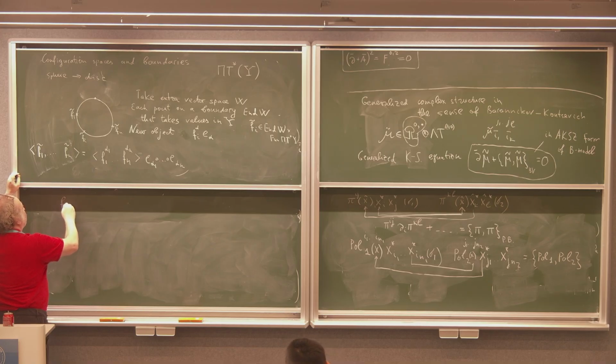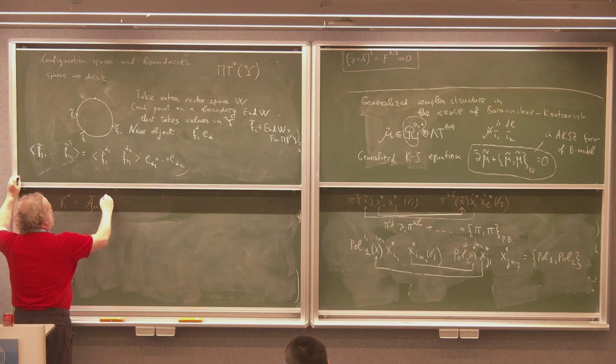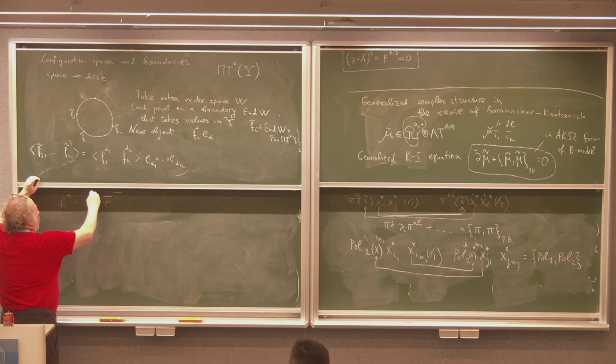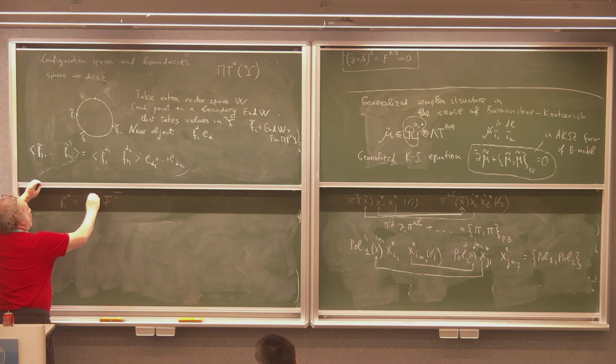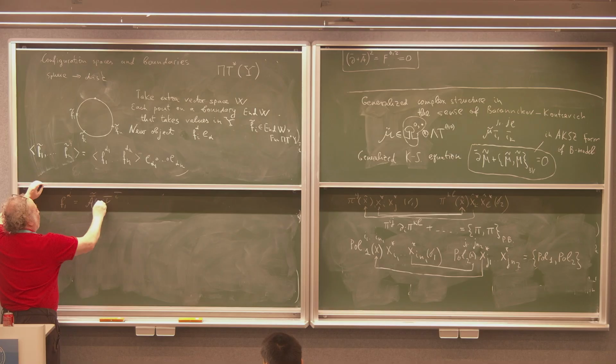If I take F1 alpha to be equal to, where this is some matrix, with tilde, that depends on x and x bar.